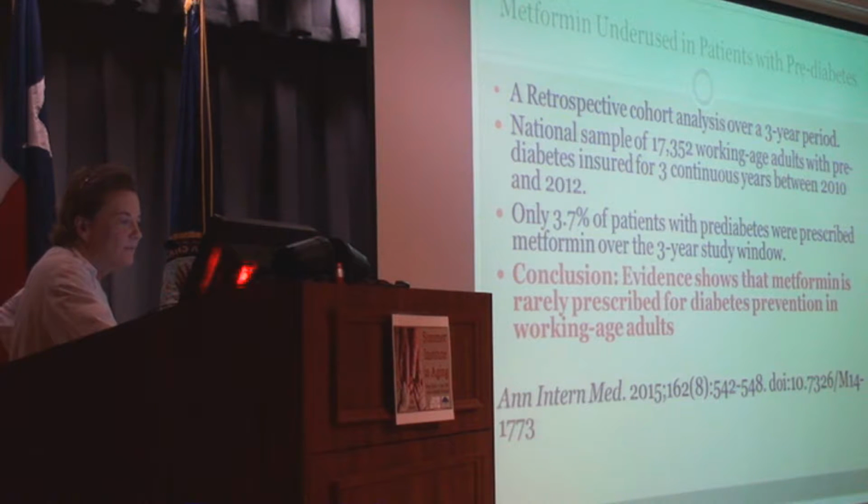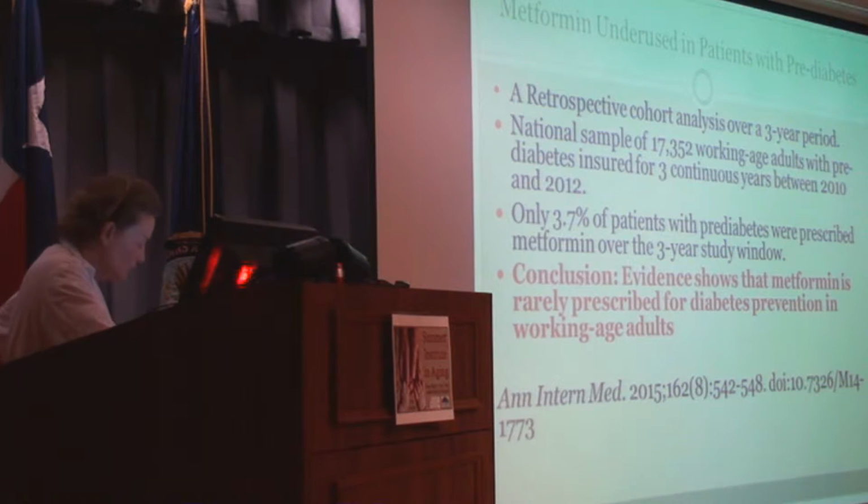All right, so unfortunately, this other study, and you guys are really current, this was published this year in the Annals of Internal Medicine, just a couple weeks ago. This study asked, are we using metformin properly? Are we giving it to patients? A national sample of over 17,000 patients was conducted by a couple insurance companies.